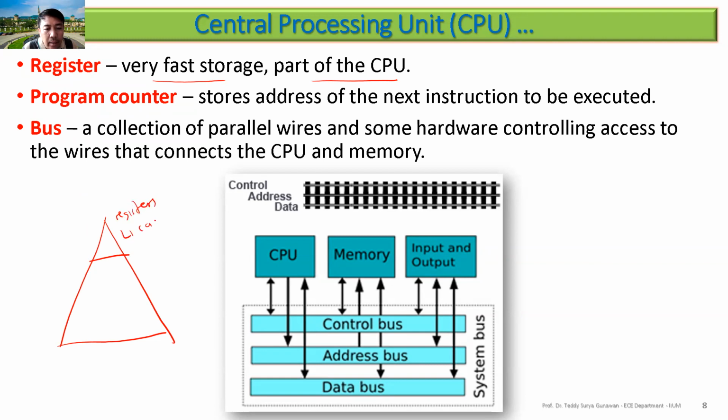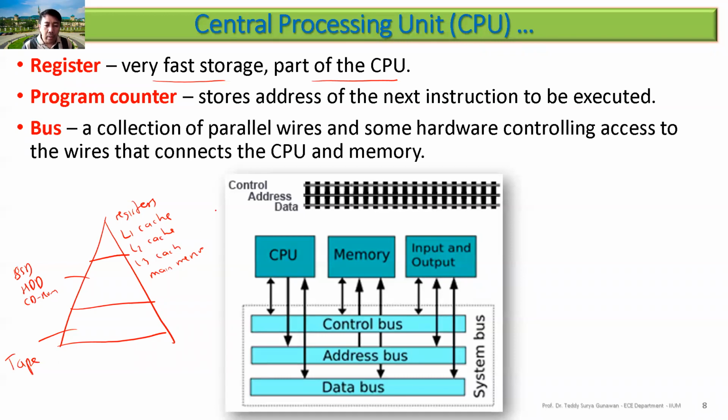Then you have L1 cache, L2 cache, L3 cache, and the main memory. On the second level you have SSD, fastest, then hard drive, then CD-ROM or DVD-ROM, for example. And on the last one you have backup tape.